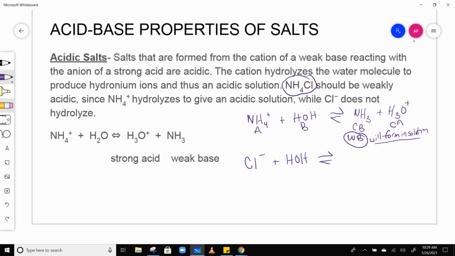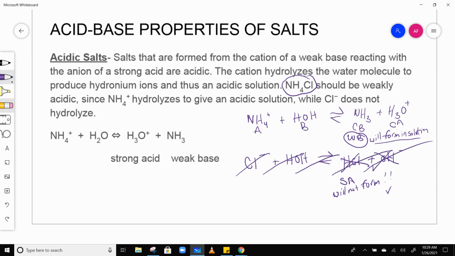Okay, this one, Cl minus, will react with HOH. You'll have HCl plus OH minus. So this is a strong acid. Duh. So this will not form. So this reaction will not happen.